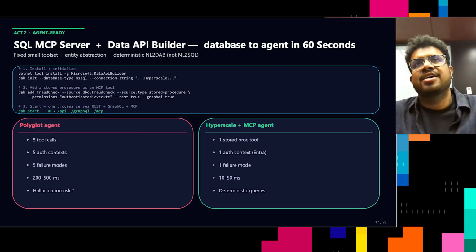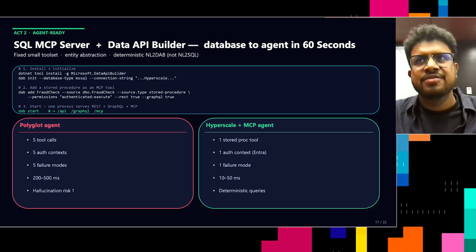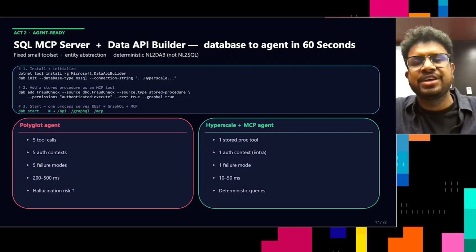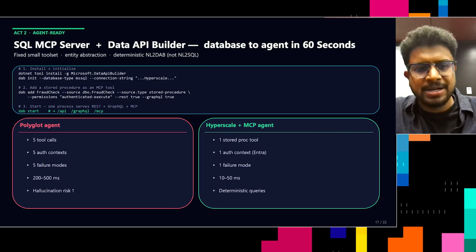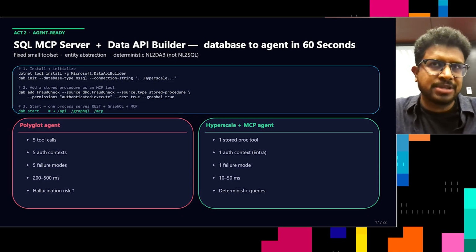Now, what is an AI or agent talk without an MCP server, right? SQL has its own MCP server. We did that with the Data API Builder. You have so many tools that you can use with this MCP server.